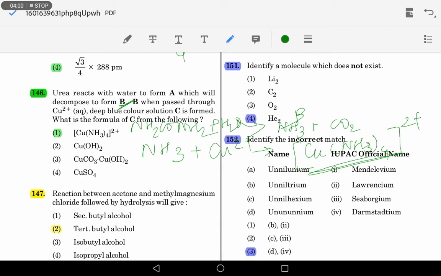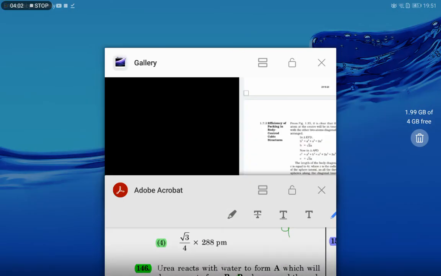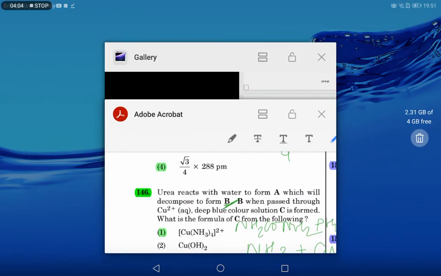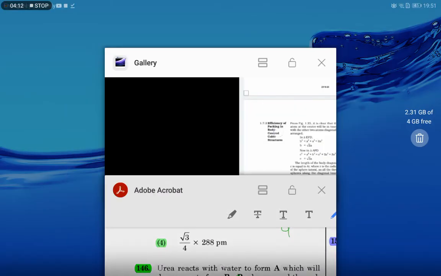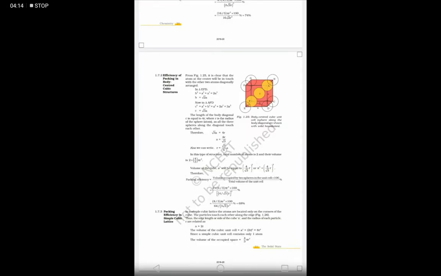This is a part of Class 12 as well as your 11th standard portion, that is Class 11 s-block elements. You could find this deep blue stuff.